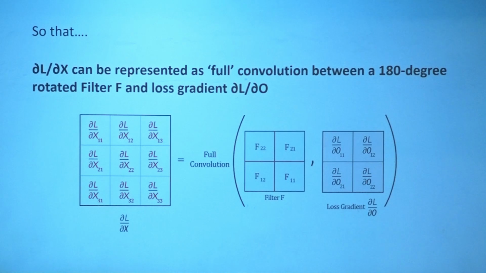But here, even in the partially overlapping areas we will get that value. This is what we call a full convolution. Clear? So how I am writing this: dL/dX, the derivative of loss with respect to input, is obtained by applying the full convolution operation between the 180 degrees rotated filter and the loss from the previous layer.